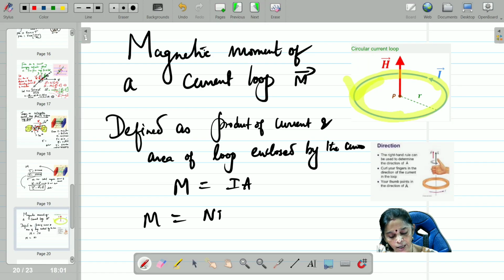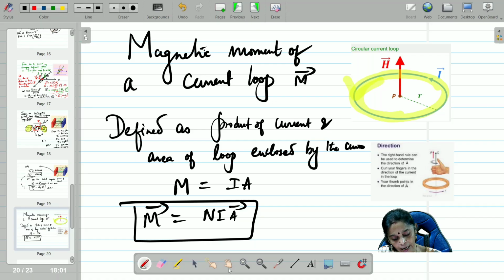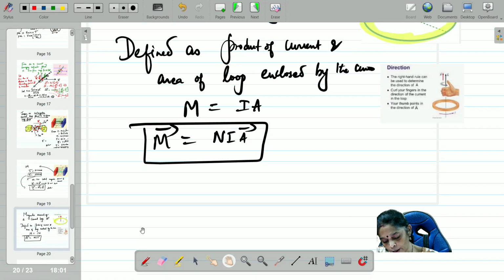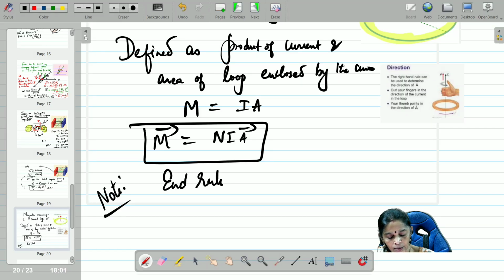Children, in lower classes you have learnt about the N rule. So you have to know it, just to note it. What does the N rule say?